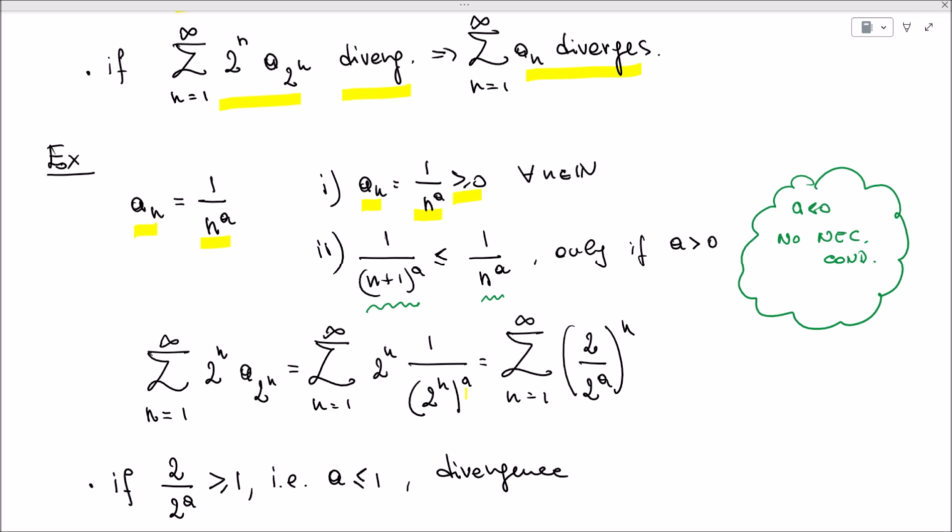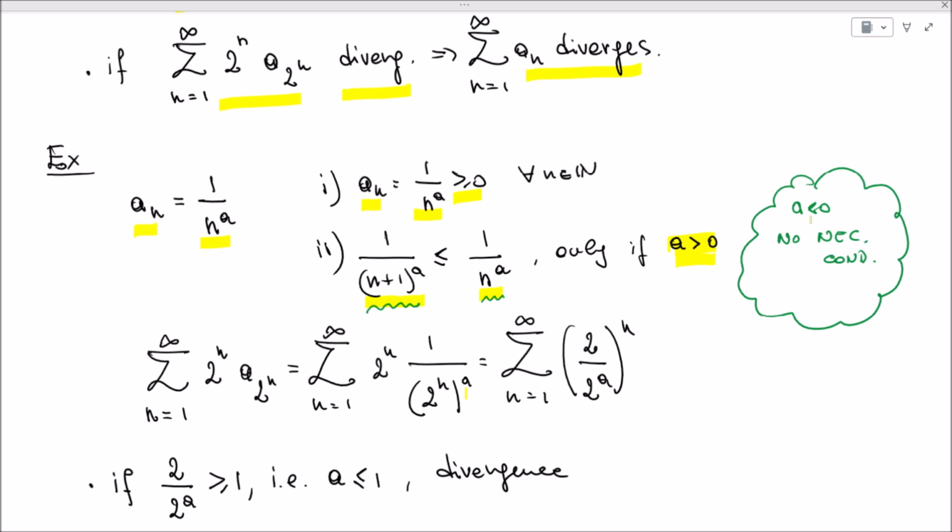Done. Second, we need to check that it is a weakly decreasing series, but we have that 1 over (n plus 1) to the a is less than or equal to 1 divided by n to the a. So actually this is true if and only if a is larger than 0. But of course, these are the only interesting cases, where a is larger than 0.